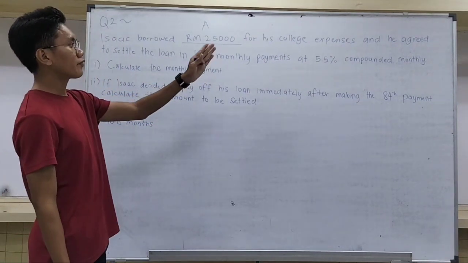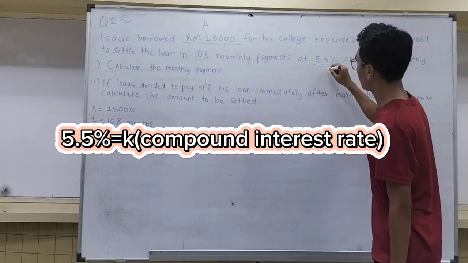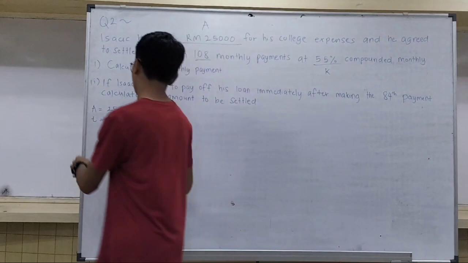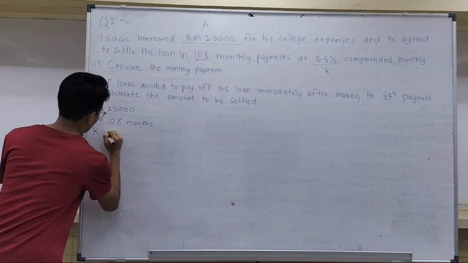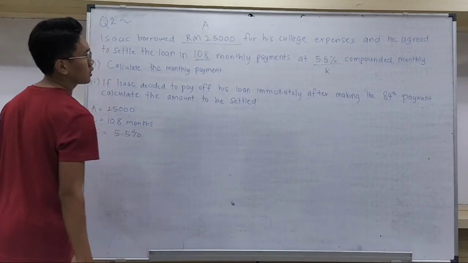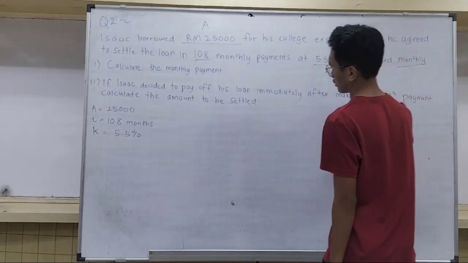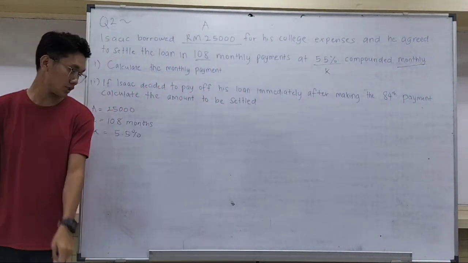At 5.5%, so this is k, compounded monthly. So the frequency is 12.